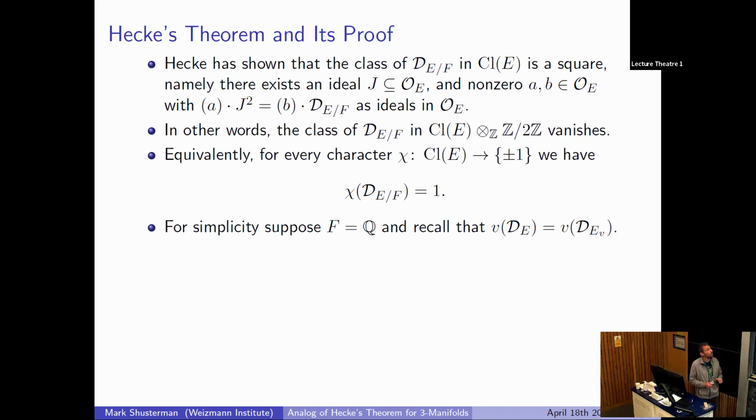So in the proof I'm going to sketch next, I will assume for simplicity that the base field is Q, because notationally it's a little simpler. I also recall another property of the different, which is that the different is purely local, and that's something I was alluding to in this formula with the ramification groups.